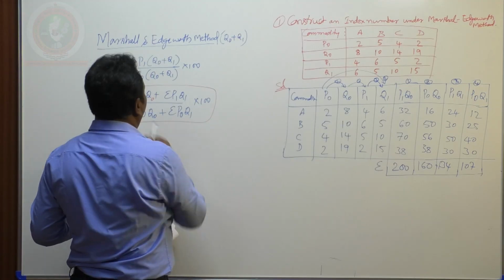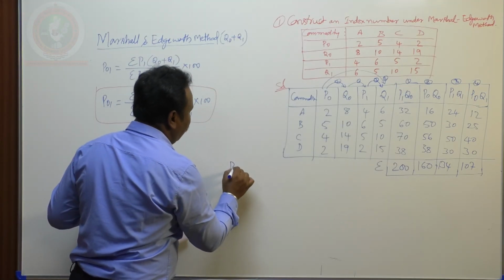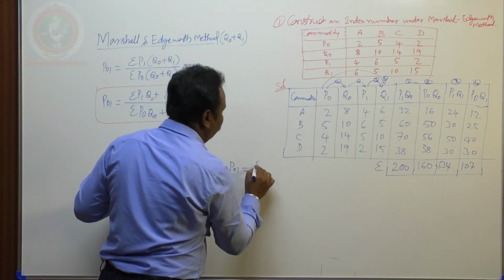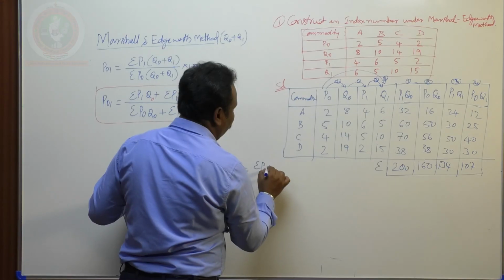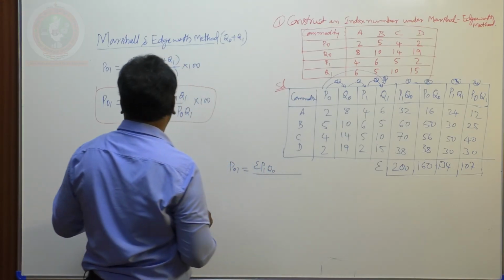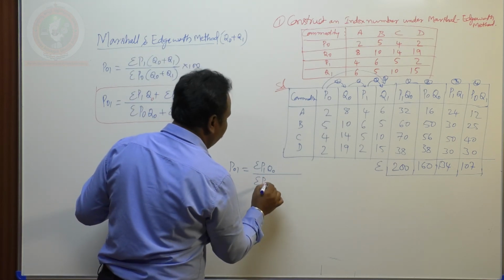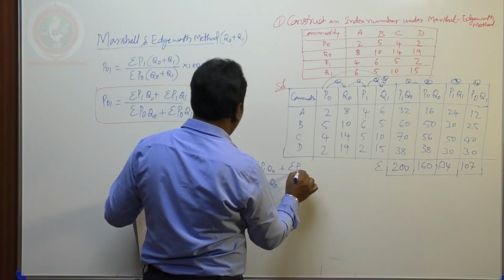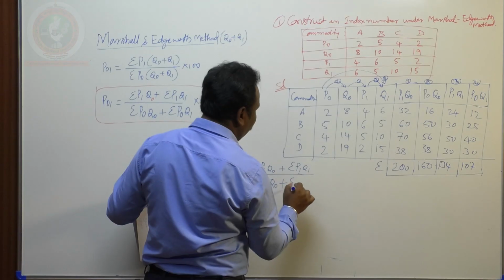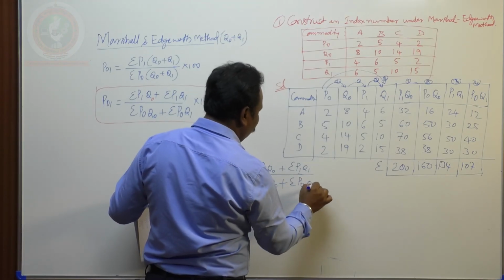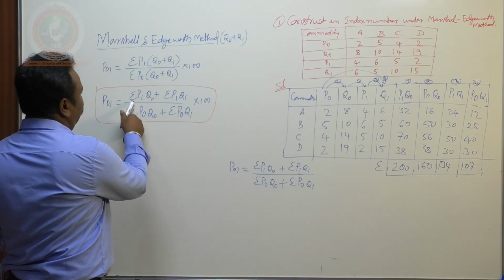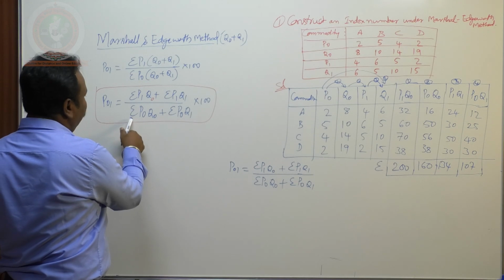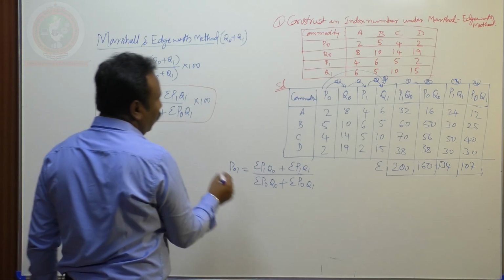Now under the Marshall Edwards method, the formula is P01 equals summation of P1 Q0 plus summation of P1 Q1 divided by summation of P0 Q0 plus summation of P0 Q1, into 100.